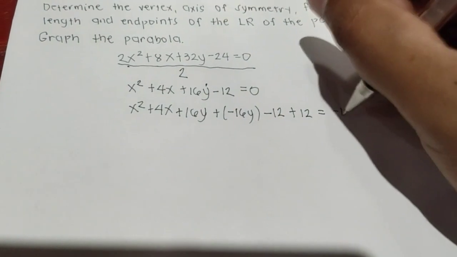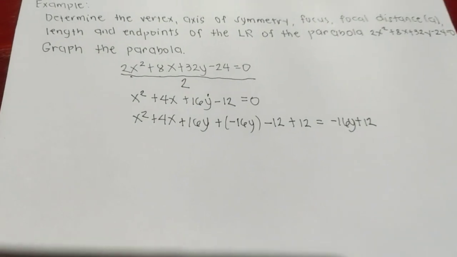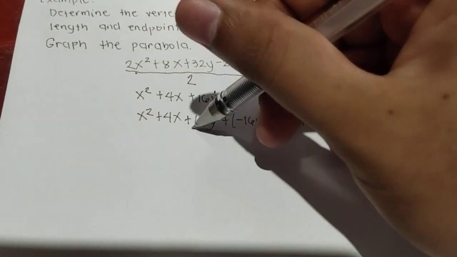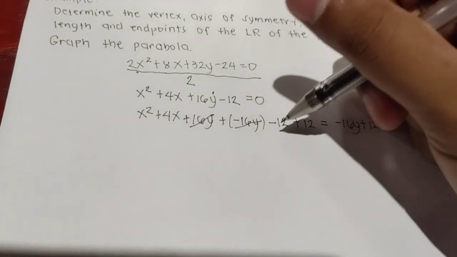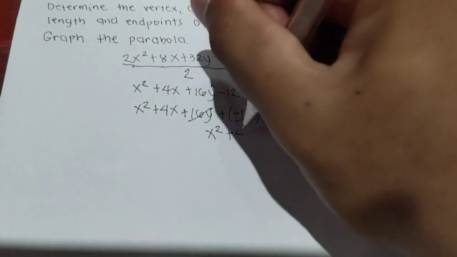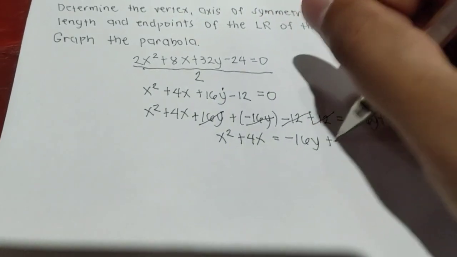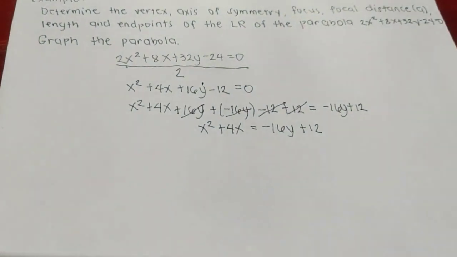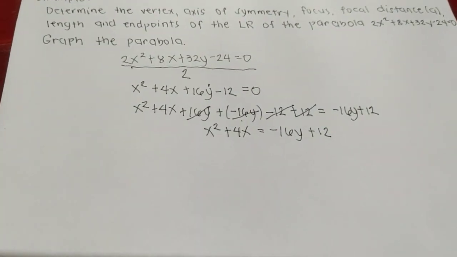Then the positive 16y and negative 16y become 0, and the negative 12 and positive 12 become 0. So we have x squared plus 4x is equal to negative 16y plus 12. After that, we need to complete the trinomial through completing the square.